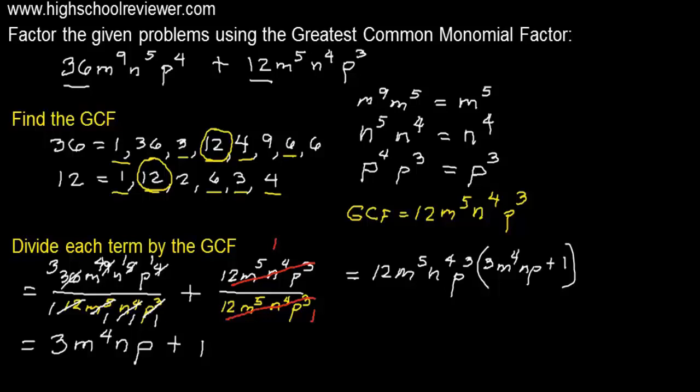Therefore, the factors of our given problem are equal to 12 m^5 n^4 p^3, multiplied by the quantity 3 m^4 p plus 1, and this is our final answer.